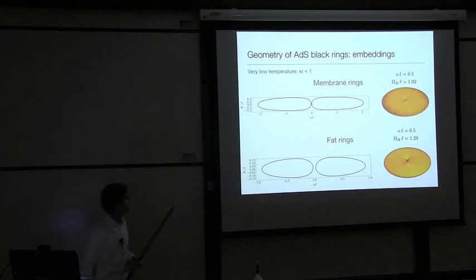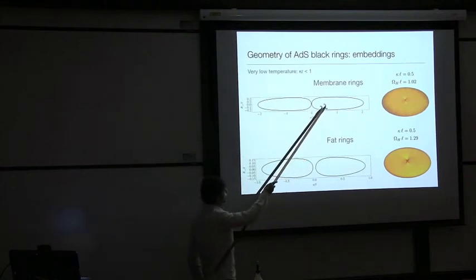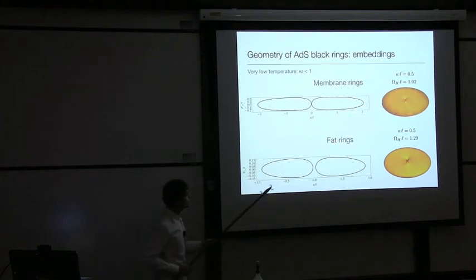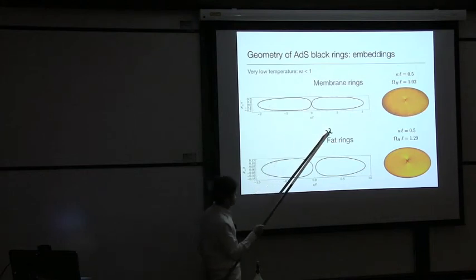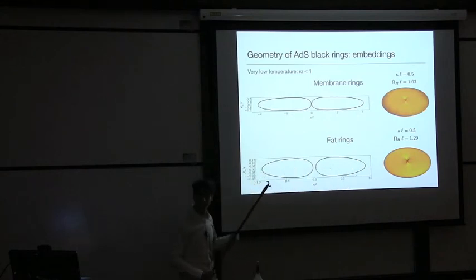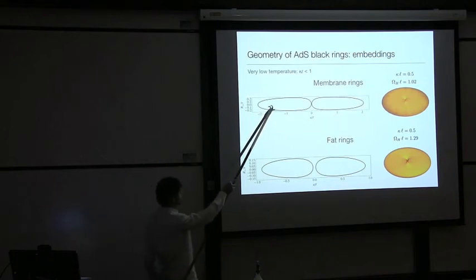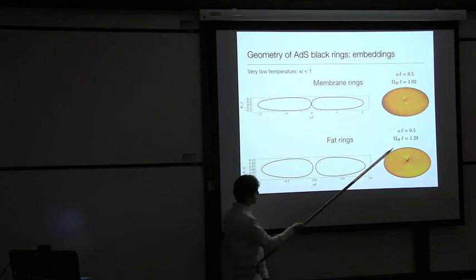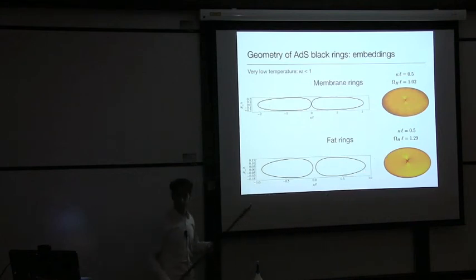And what you find is that these rings asymptote to a new solution. They have a new limit, which is a membrane-like limit, in which the hole in the middle is very small, as you can see from the embedding, and the extent of the S2 is large in units of AdS, but the thickness of the S2 is very small. So fat rings, again, as you crank up omega, are on the fat branch, which behaves as in flat space.